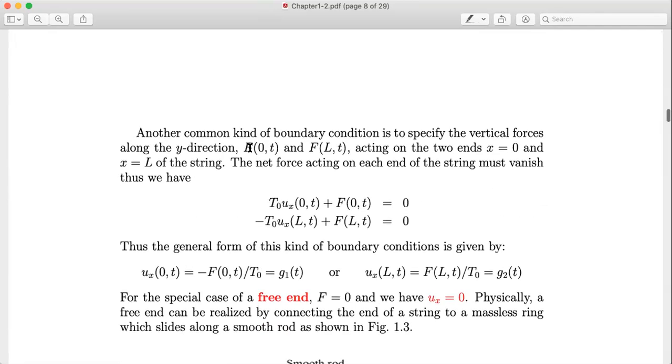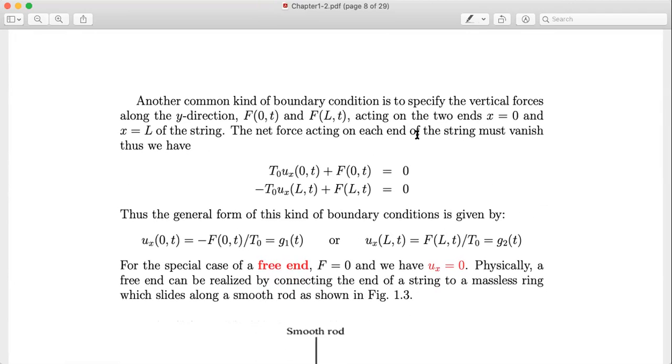I just call this force F at point 0 and at point L. And then by specifying the forces acting on the endpoints, it will in turn specify the partial derivative of u with respect to x at the two endpoints. This is u sub x.